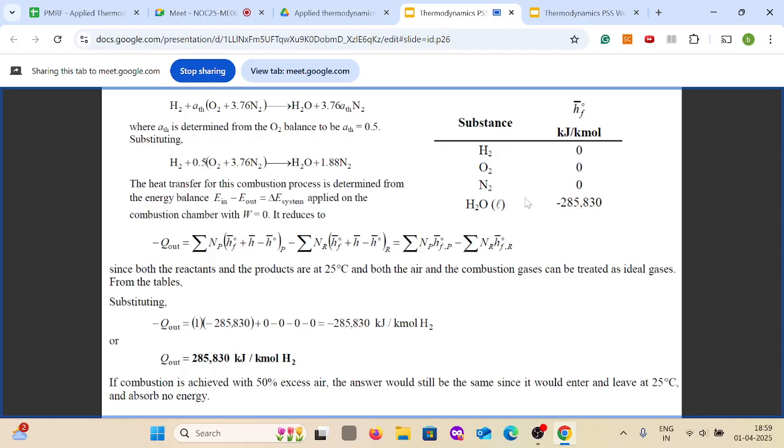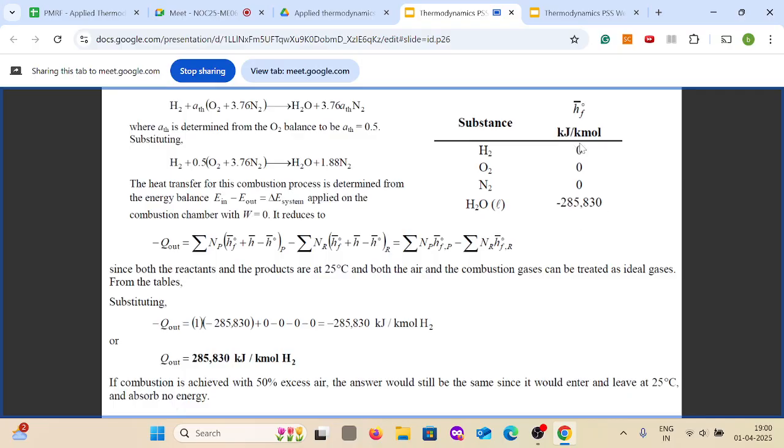Since both reactant and product are coming at standard temperature and pressure, there is no delta H, so that will all be 0, and reactants enthalpy is 0, and product nitrogen is 0. So just water is there, so Q will be nothing but the enthalpy of formation of water into moles, that is also 1.